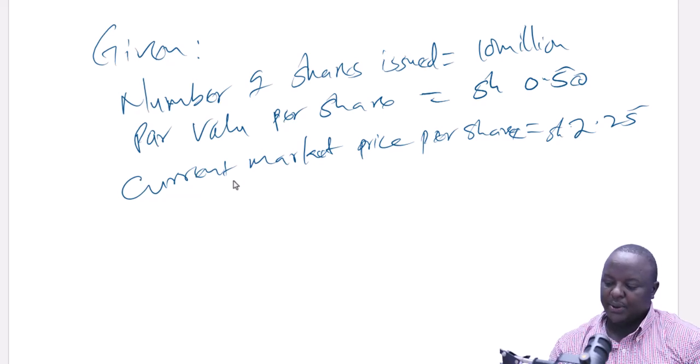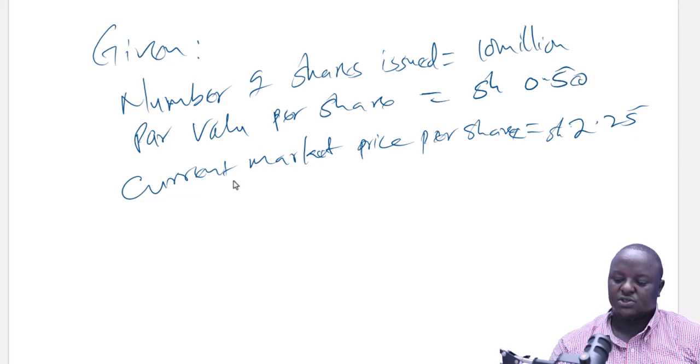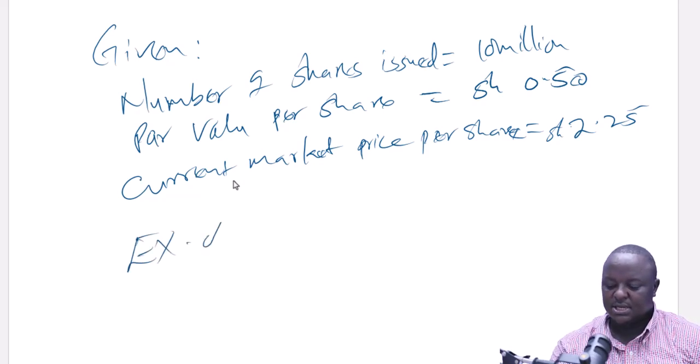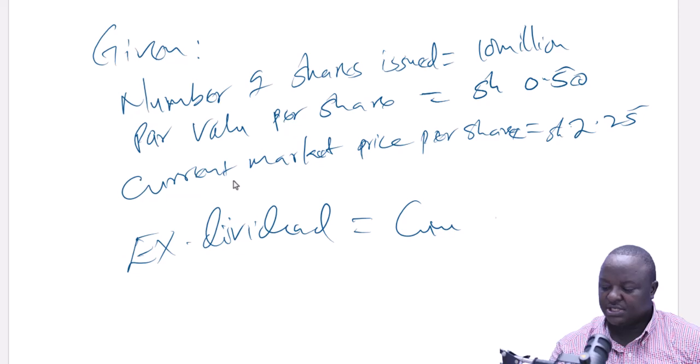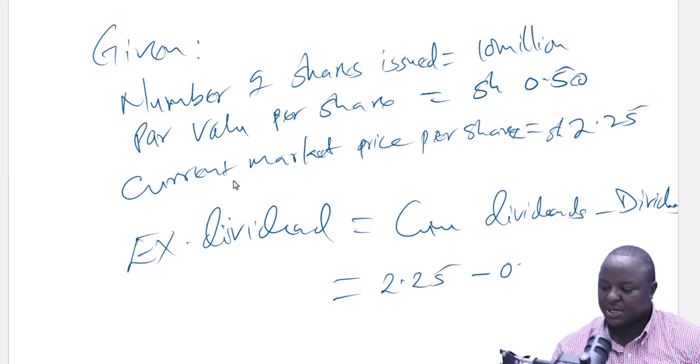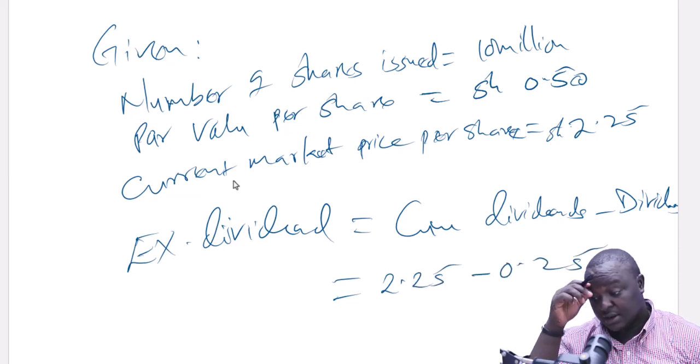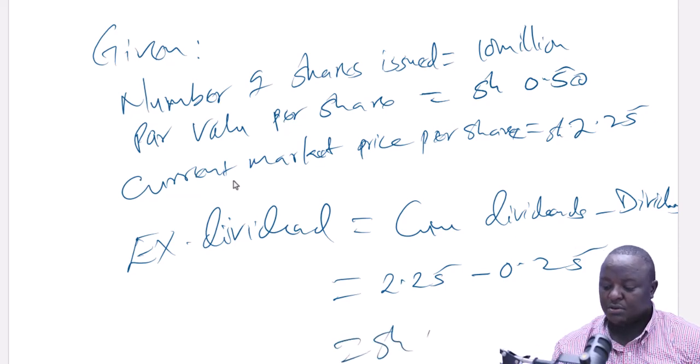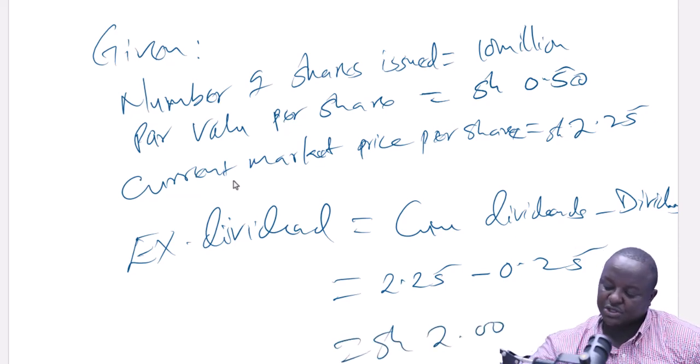So we are going to use the ex-dividend price, which is the cumulative dividend minus the dividends that we have been given. So we get the new price to be 2.00 shillings.